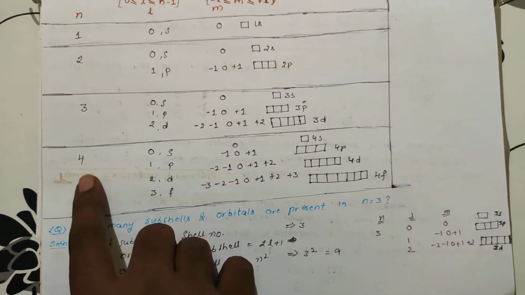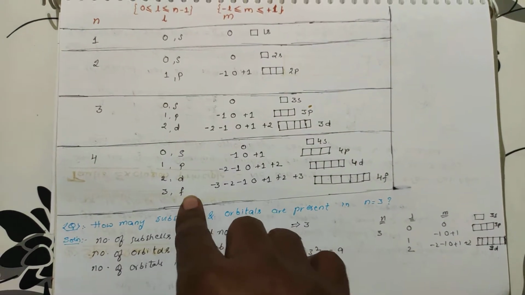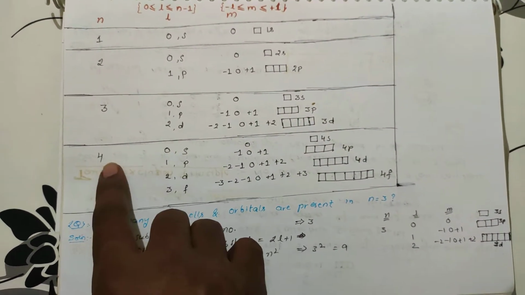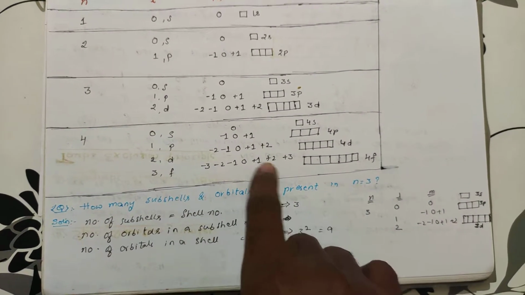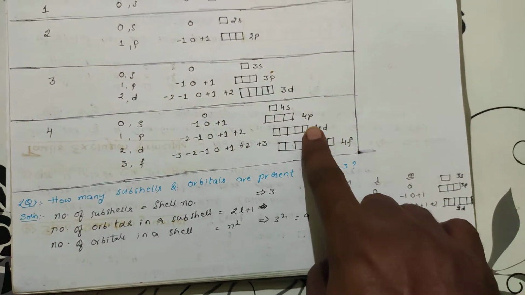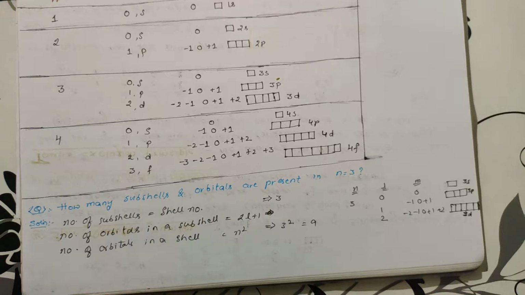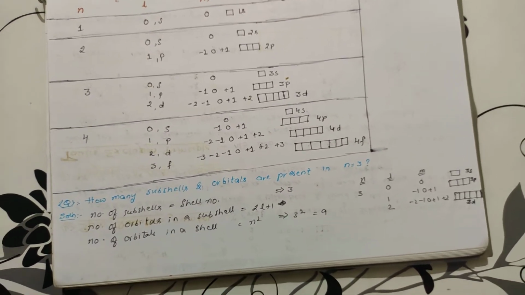Suppose I take the fourth shell, how many subshells are there? 4 subshells. Orbitals here: 7, 5, 3, 1. So totally 7, 5, 12, 13, 14, 15, 16. Totally 16 are there. So instead of calculating like this, we have direct formulas.